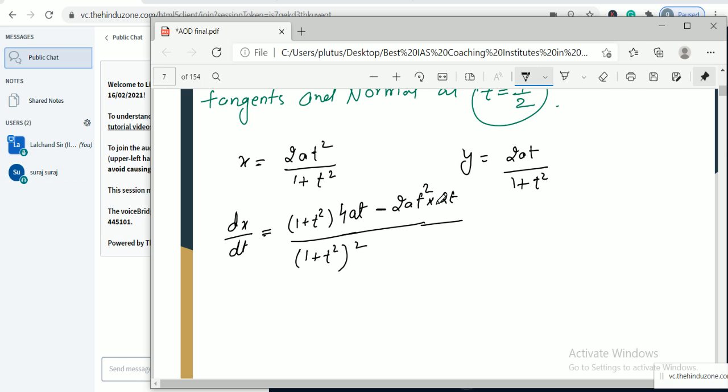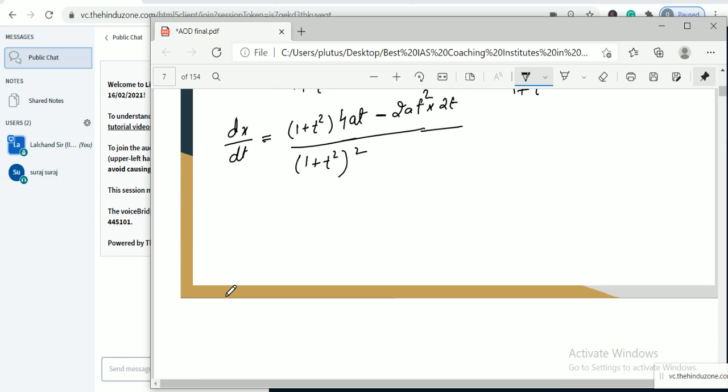Okay, if we simplify this, then dx by dt equals, if we multiply, this will be 4at, this will be 4at cube, and this is also 4at cube, isn't it?